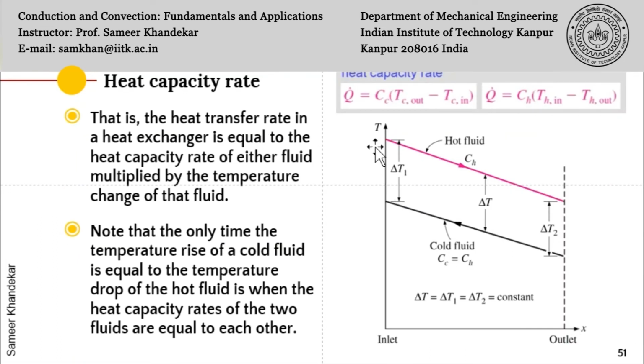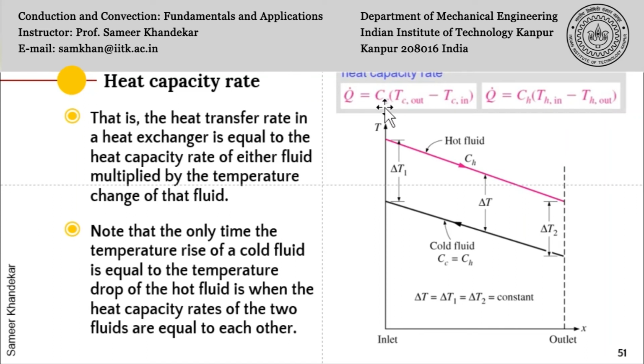Now what happens if Cc is equal to Ch? Just looking at this diagram, it's a counterflow heat exchanger, and you can see that delta T1 and delta T2 are identical. Why does it happen? Because Ch and Cc are the same.